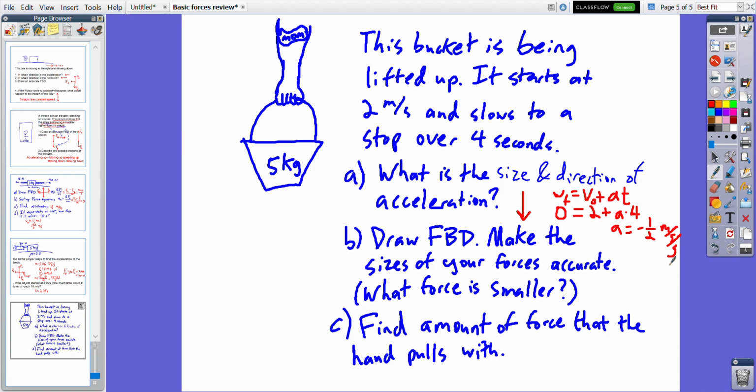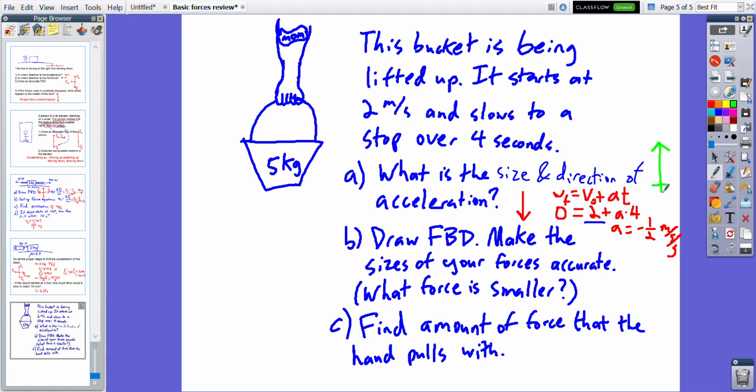Notice that with this choice of positive 2 right here, I decided to make up positive. So it's actually pretty important that you realize, especially with these vertical problems, as soon as you plug a number in here, I've chosen a reference frame. Now, you should probably choose a reference frame before you even start plugging in numbers.